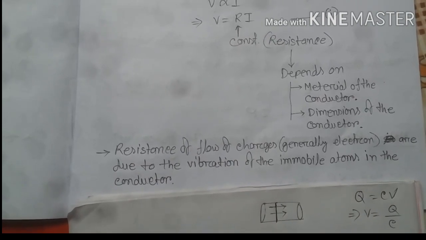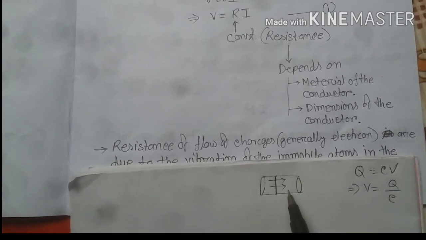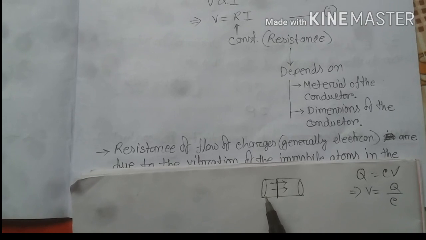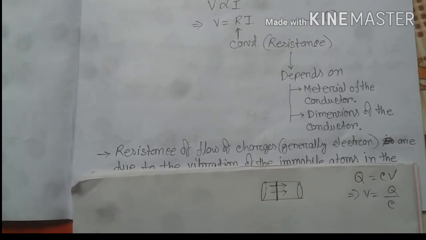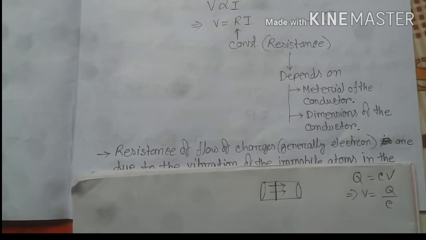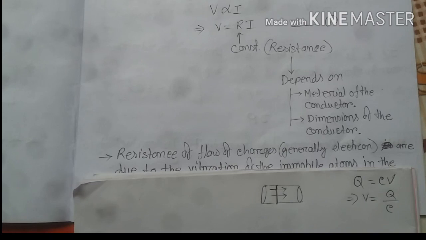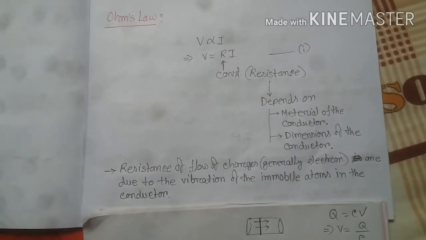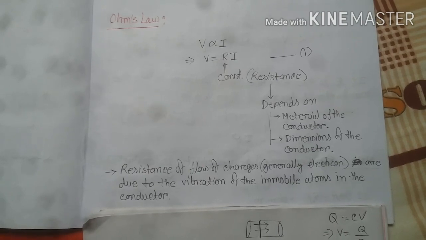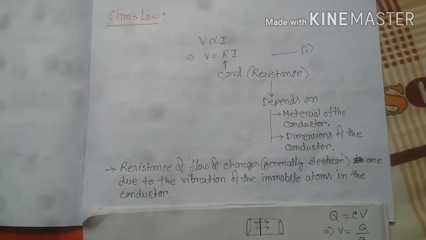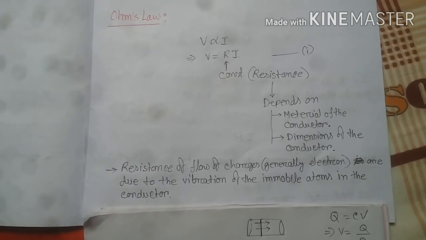If there is a potential difference across the conductor, then the electrons will move from one end to another, and the atoms will get more energy to vibrate. So the vibration will increase, and the collisions with the transferring electrons will increase. This is the reason for resistance. As the temperature increases, the vibration of the ions, molecules, atoms increases, so resistance will increase. So resistance is temperature dependent.